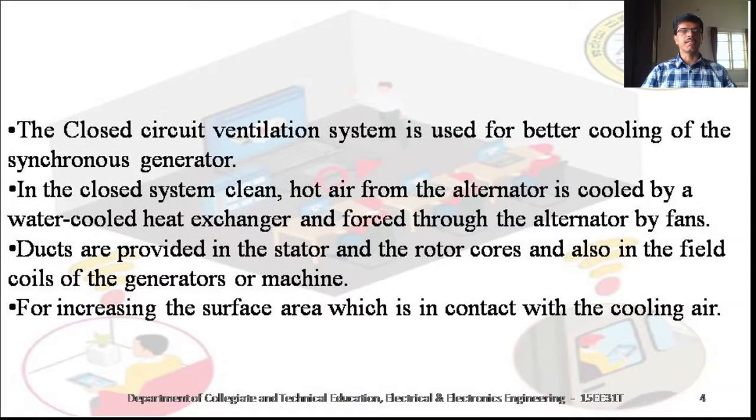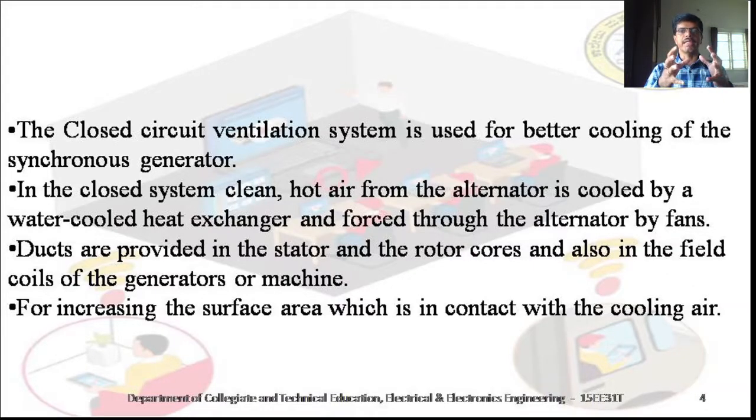And one more method is the closed circuit ventilation system. This is the better way of controlling the heat production in an alternator. Usually in this type of system, clean air, hot from the alternator, is cooled by a water cooled heat exchanger and forced through the alternator by fans.